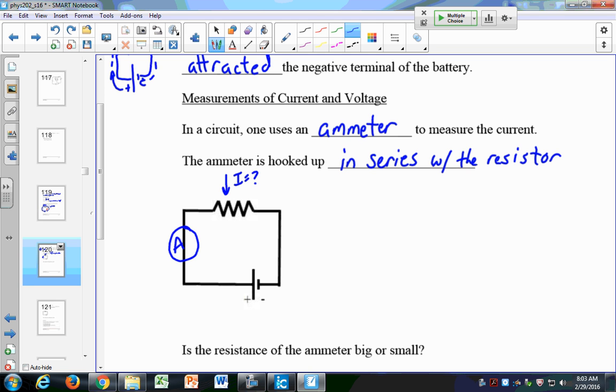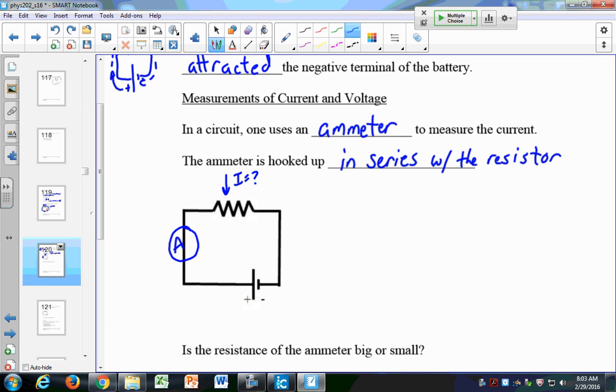I would physically unhook the wires and attach them to the ammeter so that your current would flow through the ammeter and then through the resistor. So our ammeter is hooked up in series. We're going to have our ammeter and then we'll have our resistor.